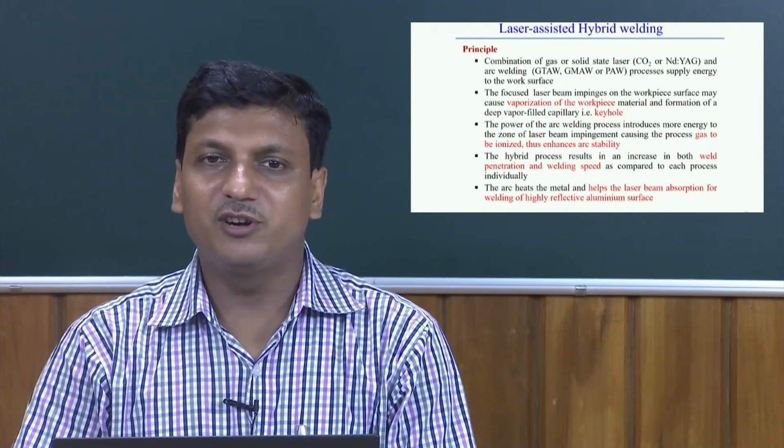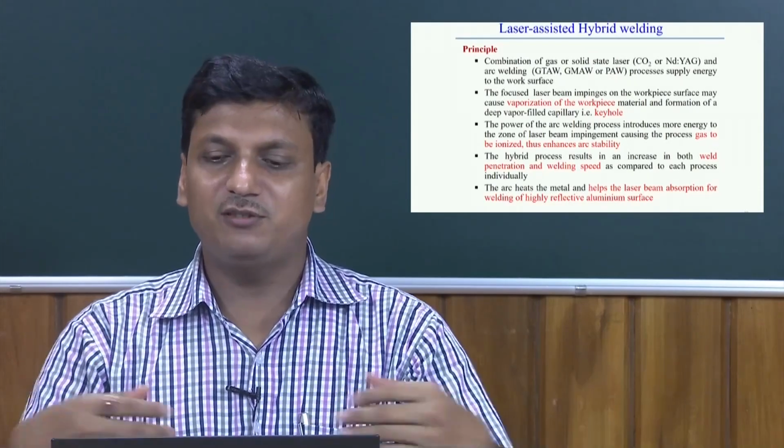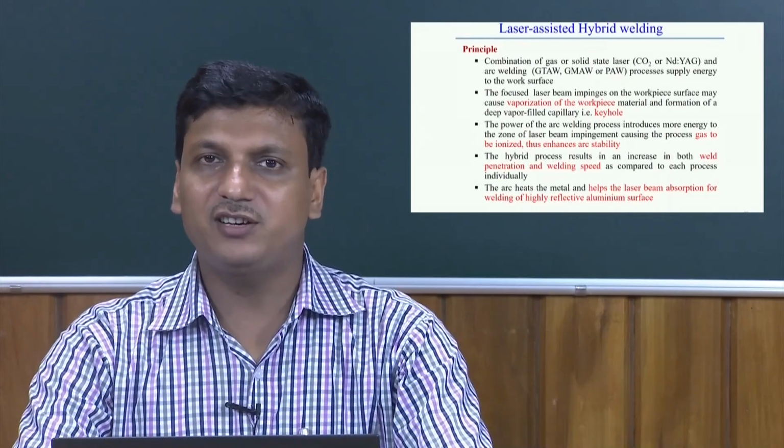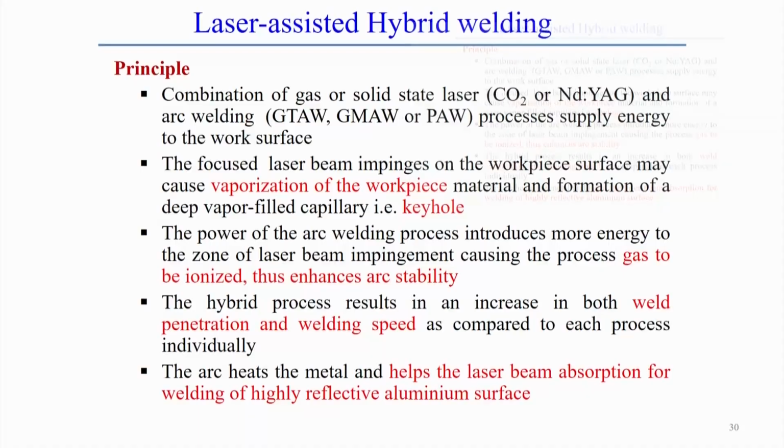Again, we can differentiate the secondary heat source as without or with material addition. For example, gas tungsten arc welding and plasma arc welding are used without any material addition, but in gas metal arc welding there is some material addition along with the laser welding process.